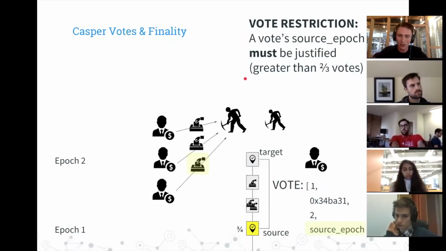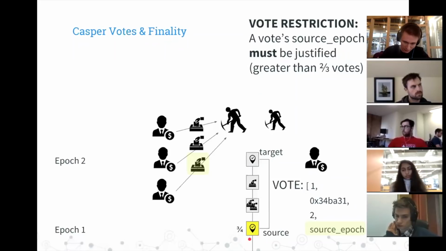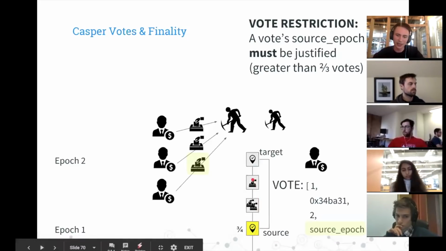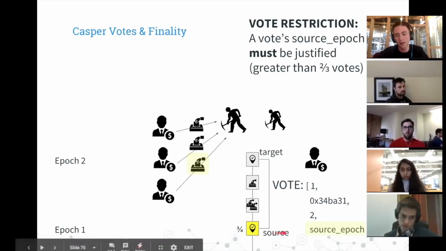In other words, if you submit a vote, it won't go through to the blockchain unless the source is already justified, AKA has 2/3 votes. So if I were a validator and I submit a vote referencing something that maybe has one third votes, it's just going to assert false, basically.